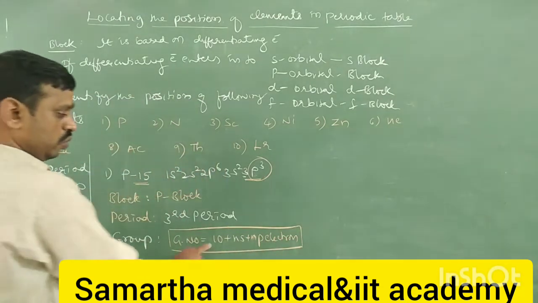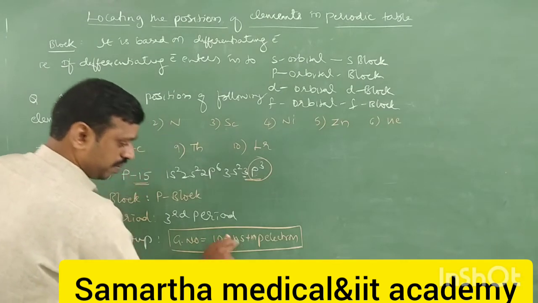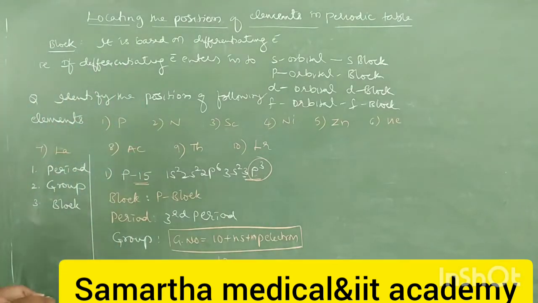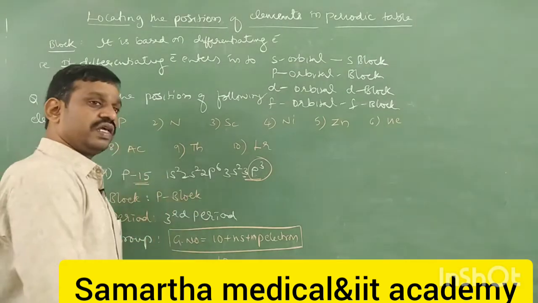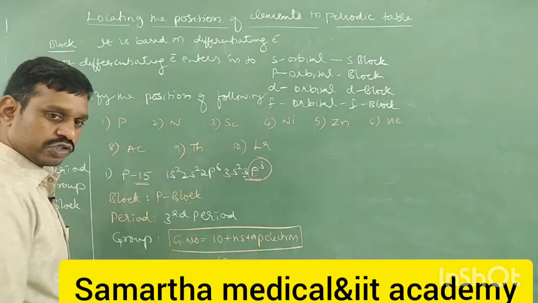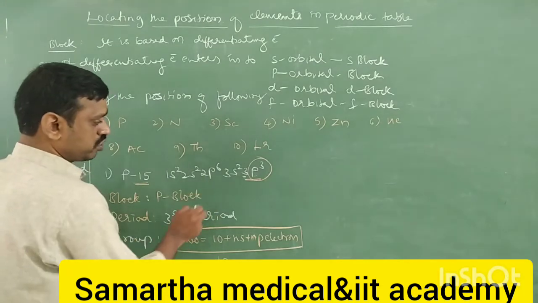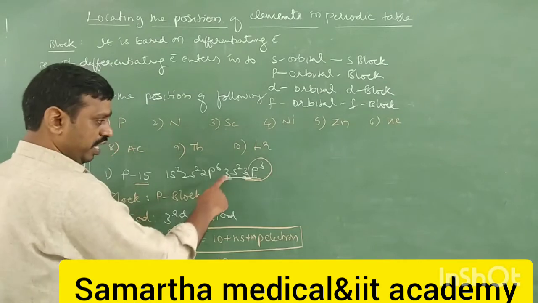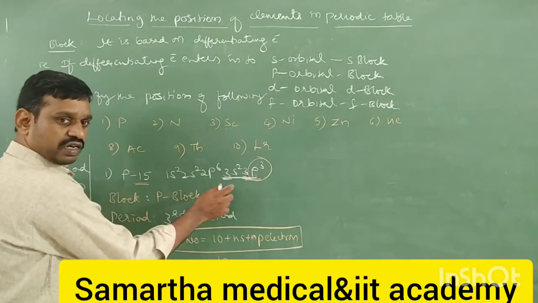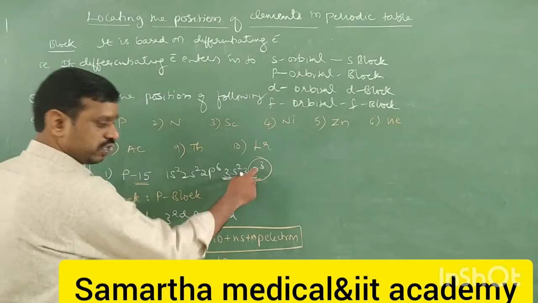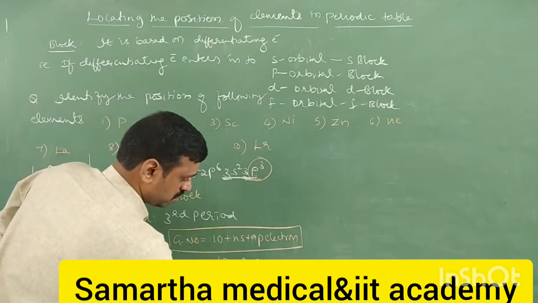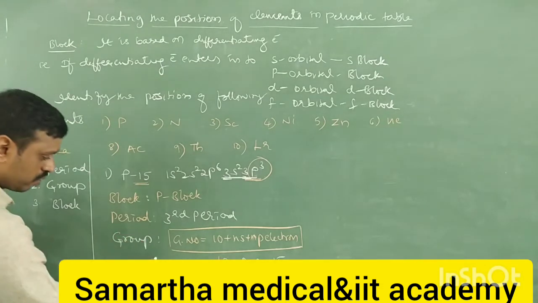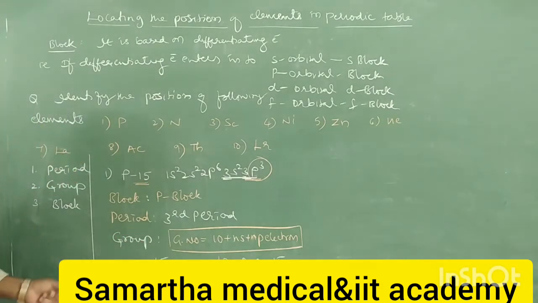First of all, you should know the meaning of n. N is the outermost shell, which here is 3. There are how many ns electrons? 2. Np is 3. That means 10 plus 2 plus 3 equals 15. So the group number is 15. Finish.